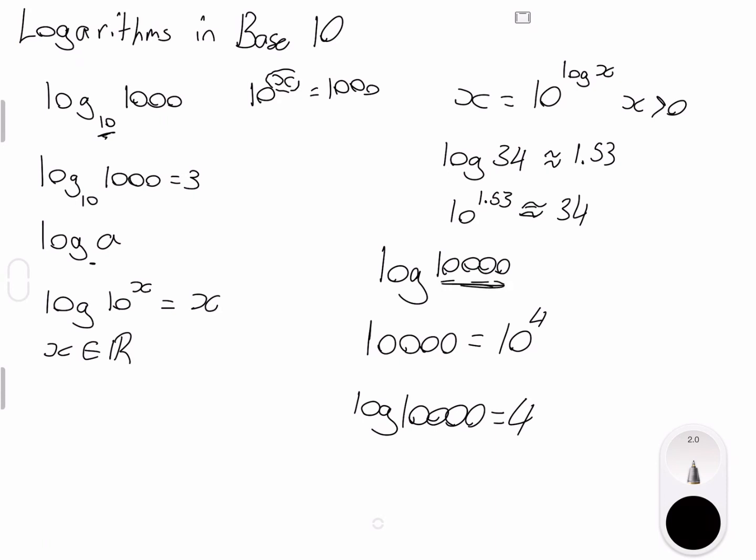So if we were to write this out in a bit of a different way, we could say the log of a, where a is equal to 10 to the power of x, means that the log of a is going to be equal to x. Hopefully that makes a bit of sense.